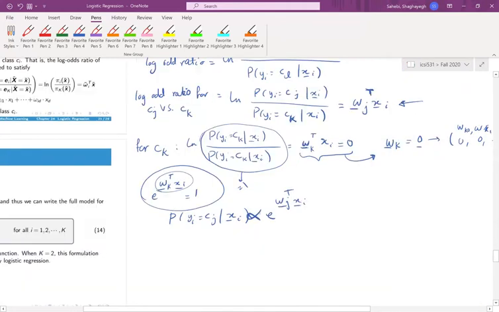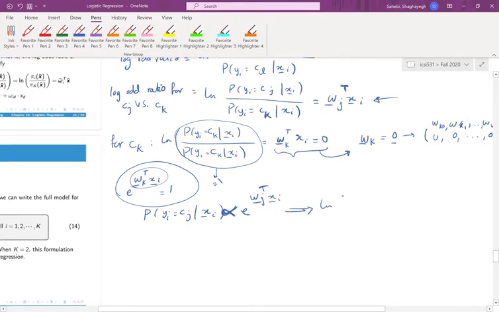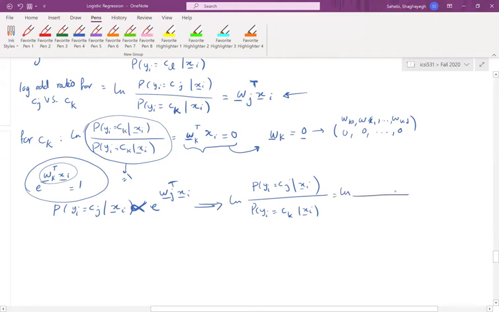Yeah. So if I choose the probability of yi equals to cj given xi to be proportional to e to the wj transpose xi, then I am going to have this ln of p of yi being cj given xi over p of yi being ck given xi to be equal to ln of e to wj transpose xi over e to, because it is proportional, so the other one is e to wk transpose xi.